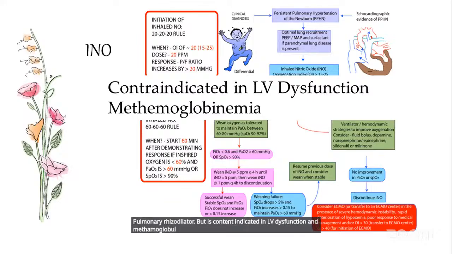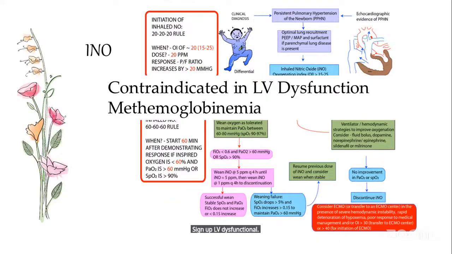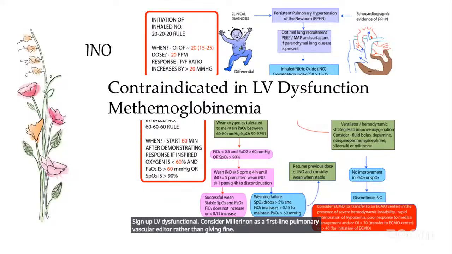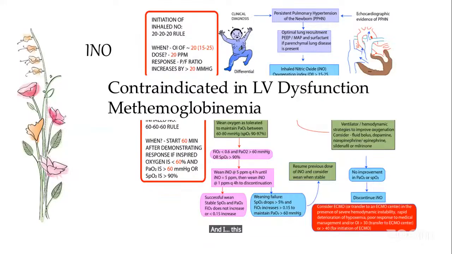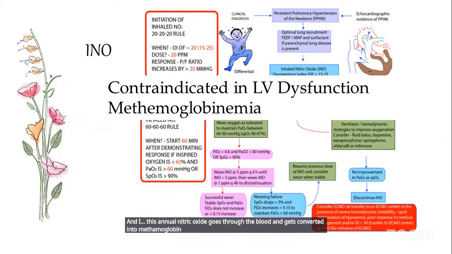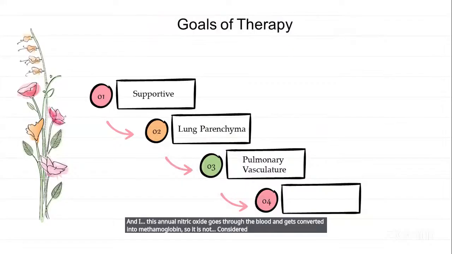If your echo is showing a sign of LV dysfunction, consider milrinone as a first-line pulmonary vasodilator rather than giving iNO. Inhaled nitric oxide goes to the blood and gets converted into methemoglobin, so it is not considered in methemoglobinemia, and we have to monitor methemoglobin levels.